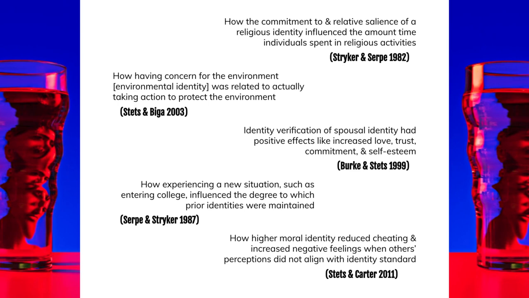So if you know how someone identifies in terms of their identities, and again, this would be more structural, how does that influence the likelihood of them actually going out and performing behaviors related to that identity?